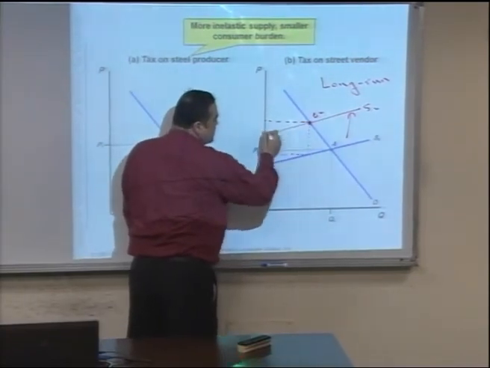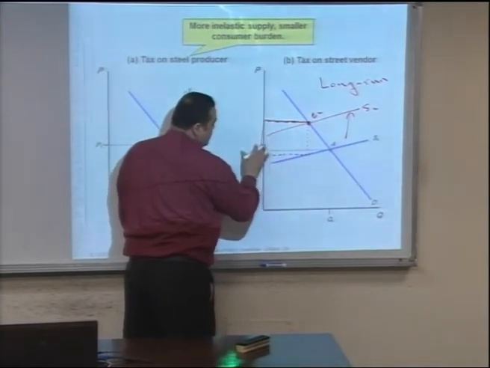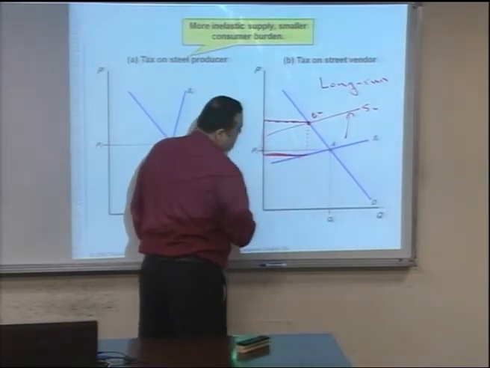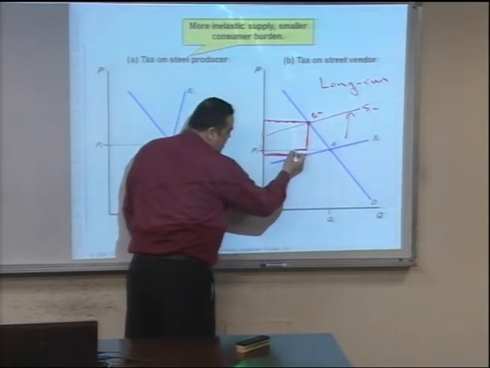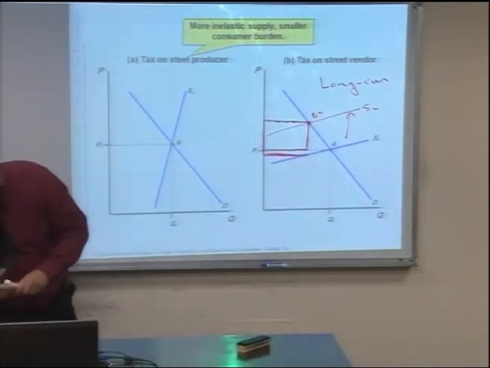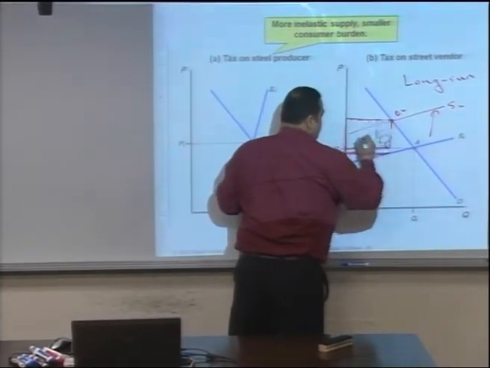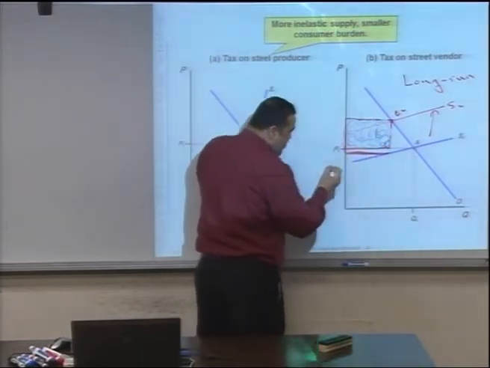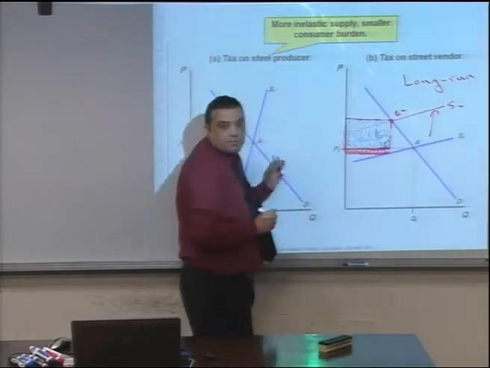The consumer bears the most of the tax burden. Here is the total tax burden. This is the consumer share of the tax burden, and this is the producer share. This is the consumer share here, and the small area here is the producer share of the tax burden.